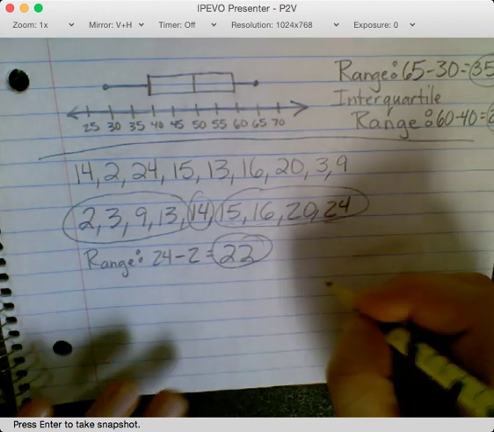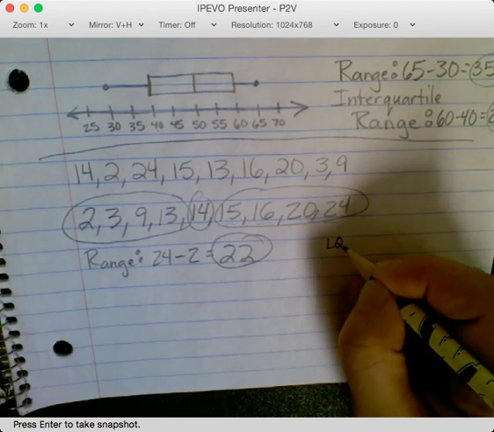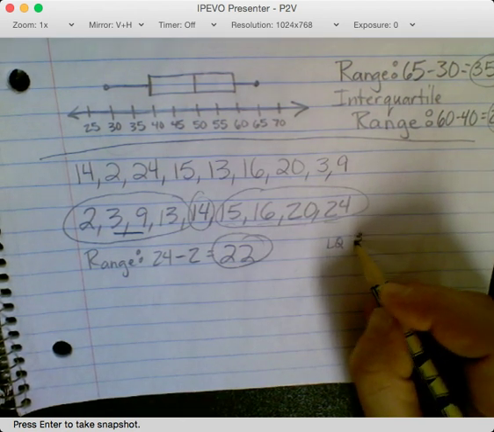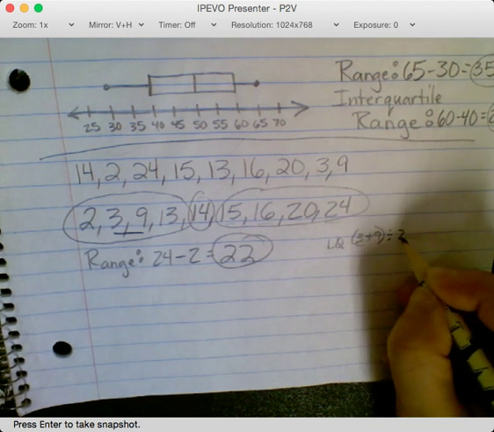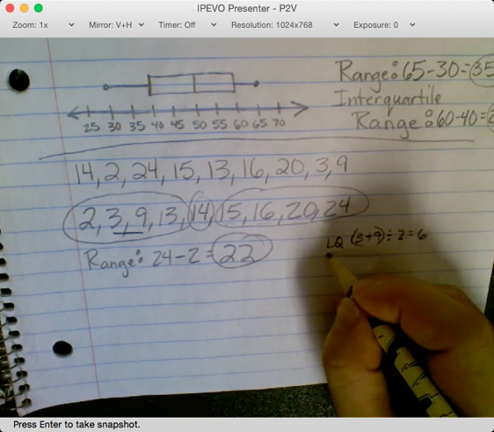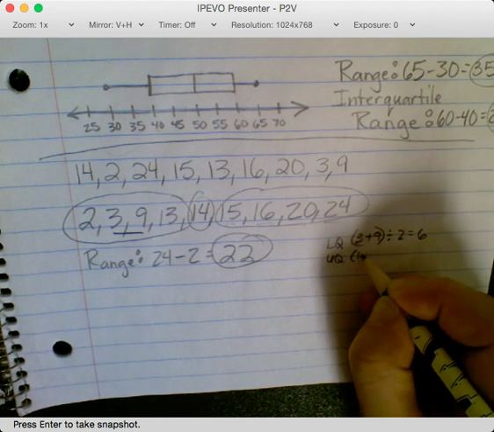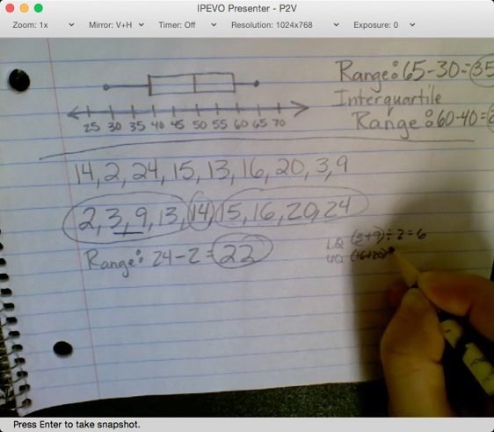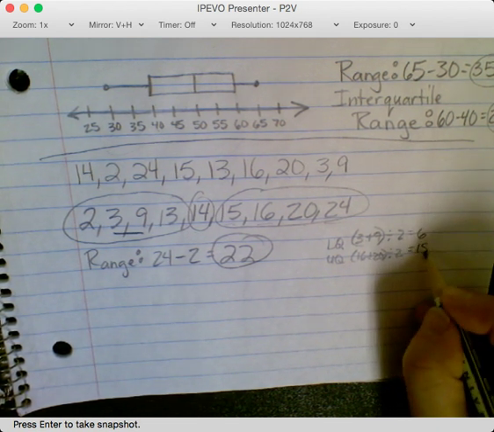My lower quartile, and I'm just going to put LQ, which is actually Q1. 3 plus 9 divided by 2, that's 12 divided by 2, which is 6. My upper quartile, I just put a UQ just to make it quicker. 16 plus 20 divided by 2, which is 36 divided by 2, and that's 18.